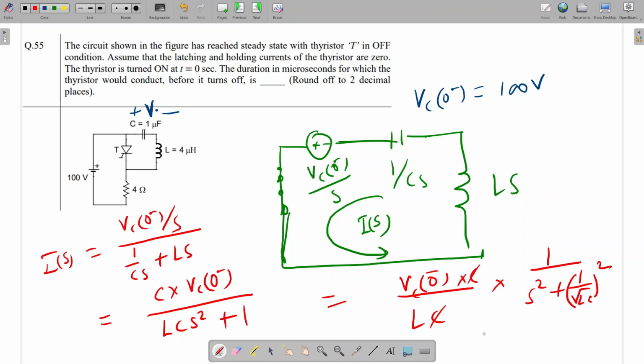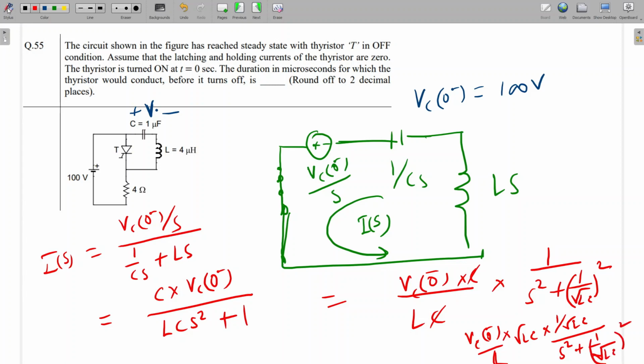Okay, so VC(0-) into 1 by L here. I want to take it in the format of a upon s square plus a square. So here it is L, so we can write root LC into (1 by root LC) divided by s square plus (1 by root LC) whole square. Up to now, anyone have doubt in this final expression?